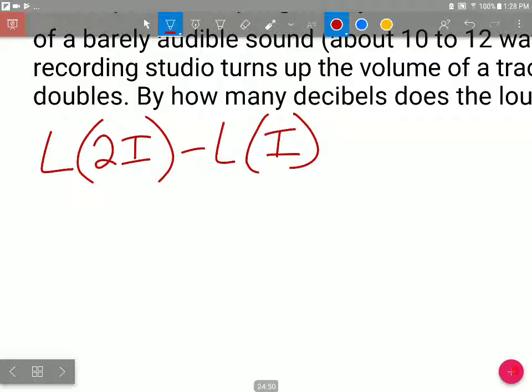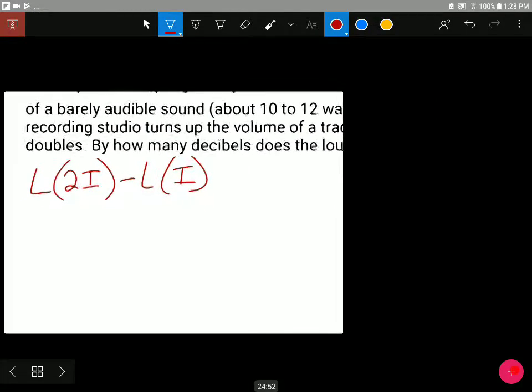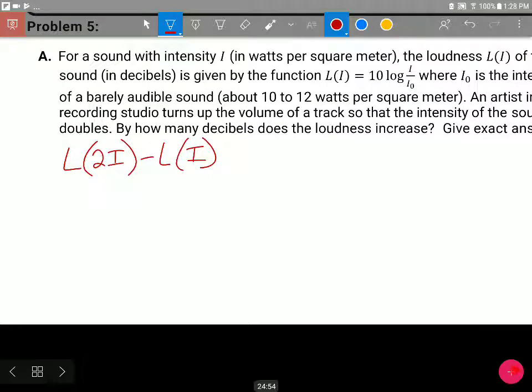Okay? So, let's take that equation right here and plug in those numbers for I. So that's 10 log, and on top, we're going to put a 2I for the first one, divided by I sub o, because I sub o is a constant.